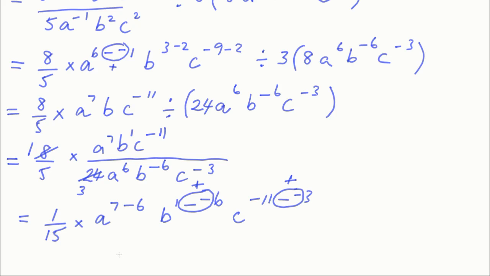So all of that becomes equal to 1 on 15, a to the 1, b to the 7, c to the minus 8.